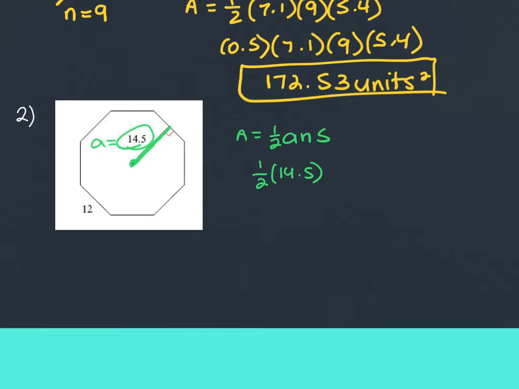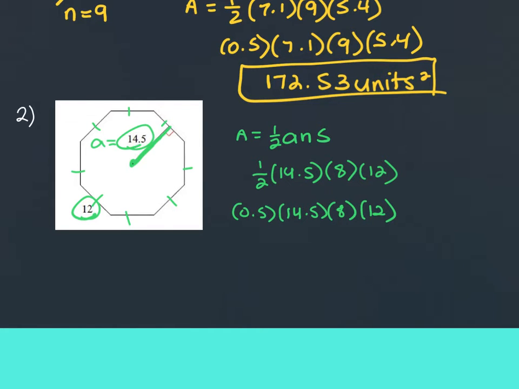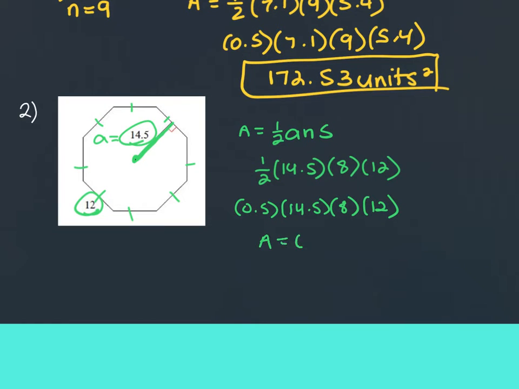N is the number of sides, 1, 2, 3, 4, 5, 6, 7, 8 sides. S is the length of each side, which is 12. And then again, just type it in, 0.5 times 14.5 times 8 times 12. And you get the area is 696 units squared.